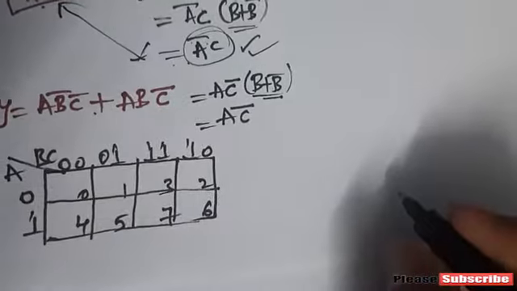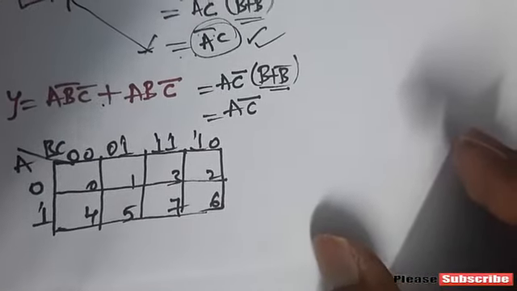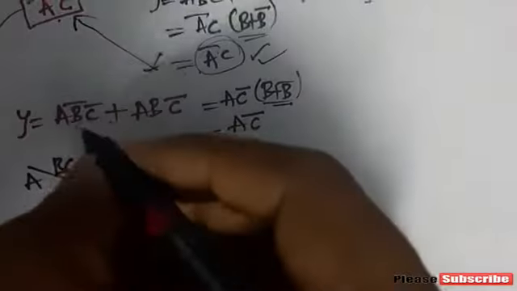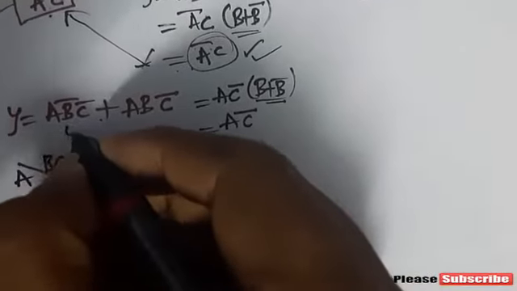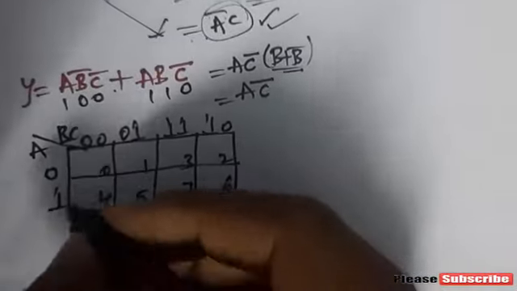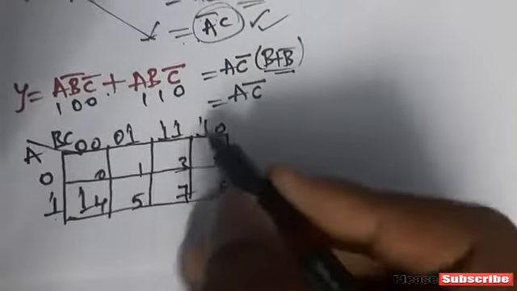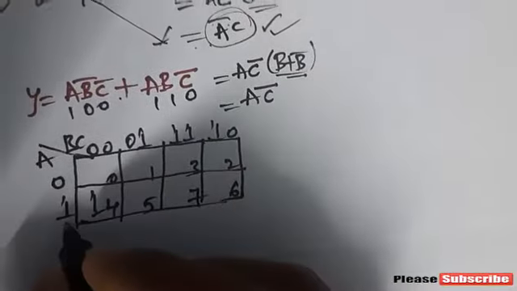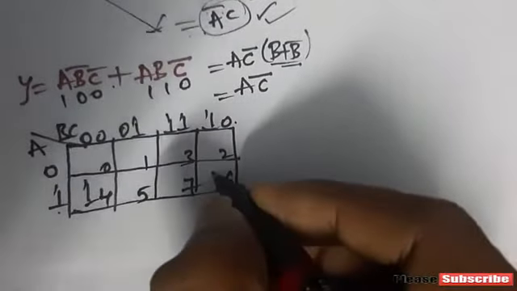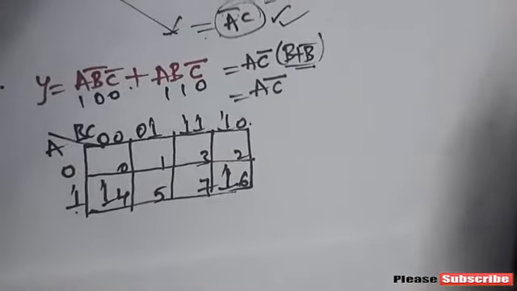First, in SOP form, 0 represents A bar, 1 represents A. Double 0 means the 1 here, next double 1 0, double 1 0, 1 1 0. Let's see, this will be an interesting question.